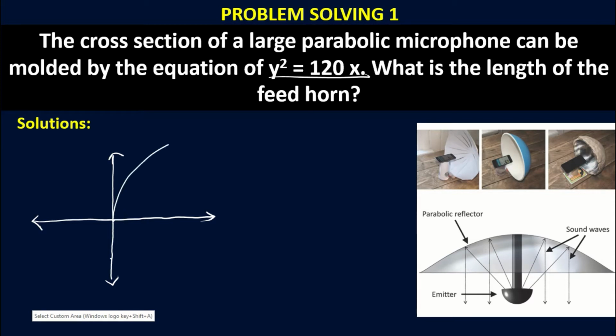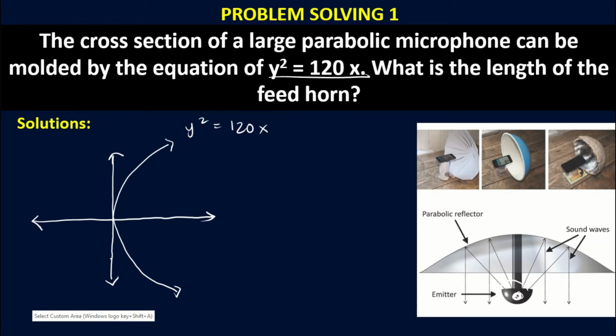Nasa 0, 0. The question is, kapag meron daw tayong ganitong equation na y squared is equal to 120x, saan daw natin ipopwesto yung feed horn? We all know that the feed horn is placed in this part, yung ating focus.